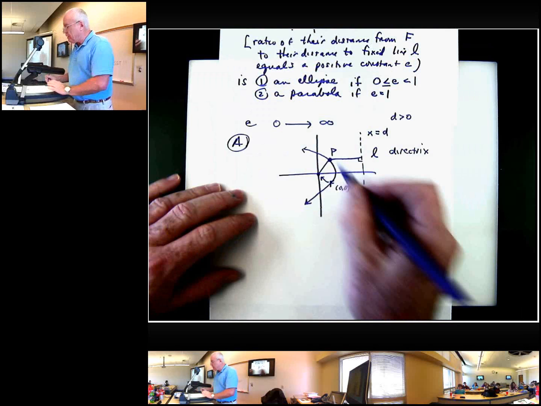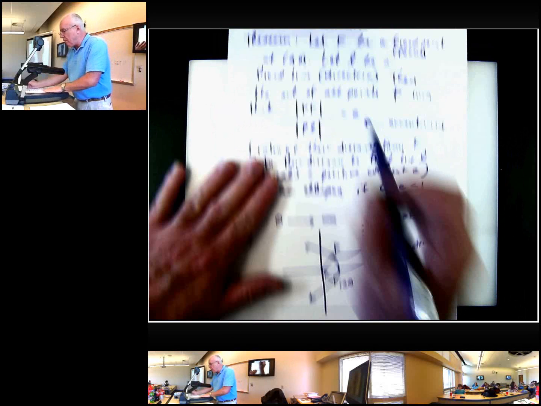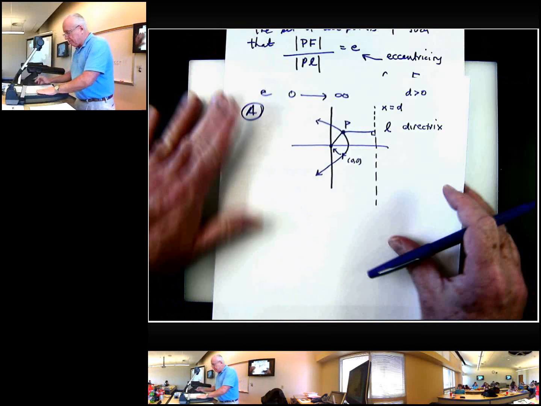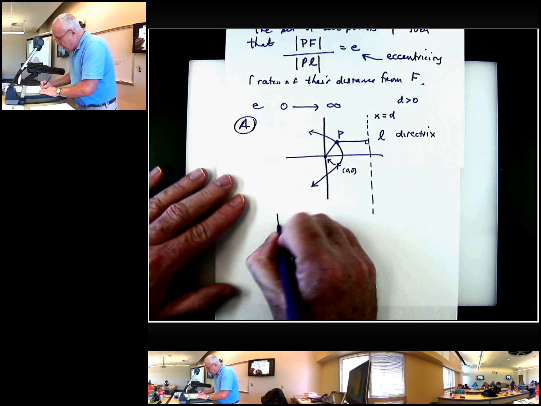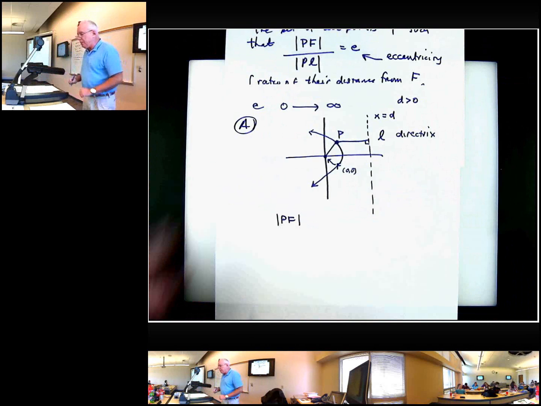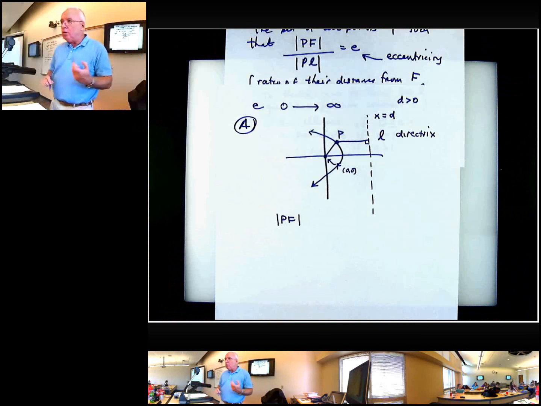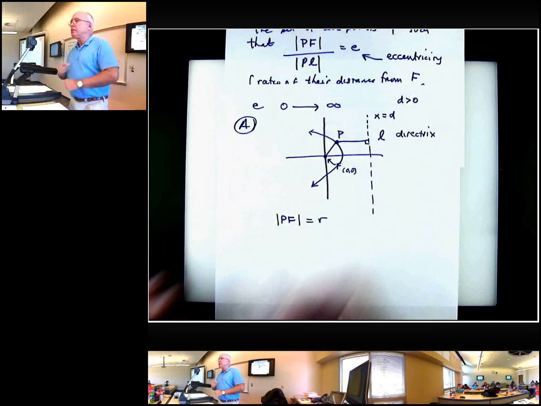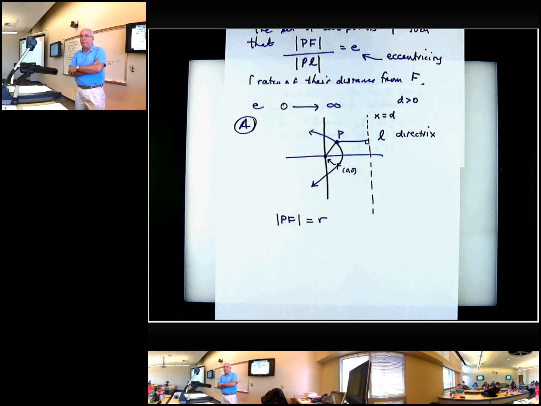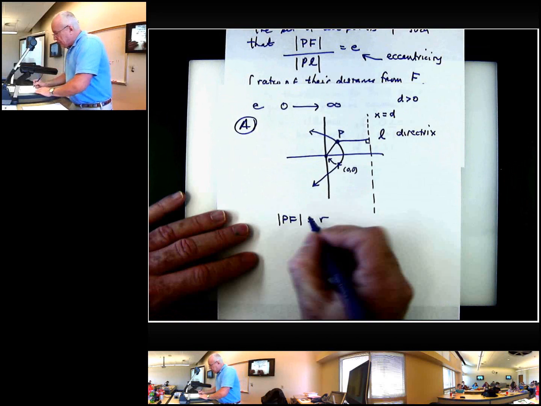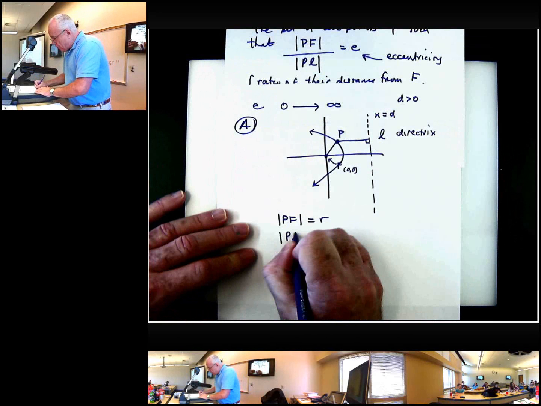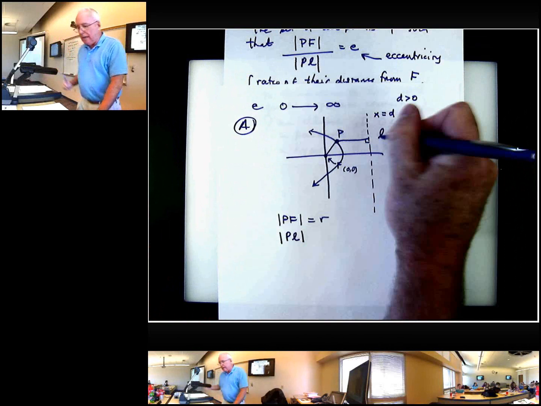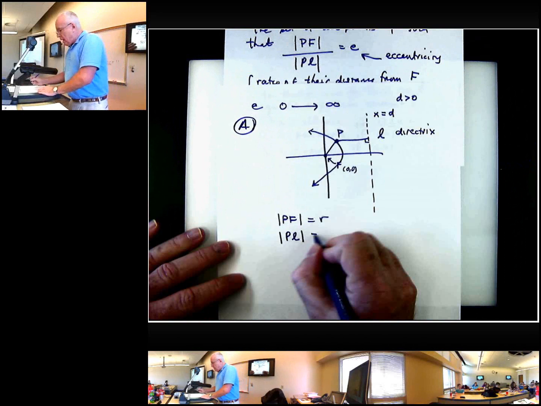So remember this is going to be all about polar coordinates. So let's look at this in terms of polar coordinates. First of all, the distance from that point P to that focus that's at the origin, we can call that r from polar coordinates, that distance from the point to the origin. So that's our PF. Now our distance from that point to the directrix line l, well, I'm going to do it this way.